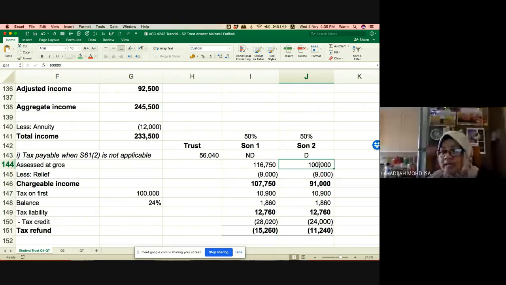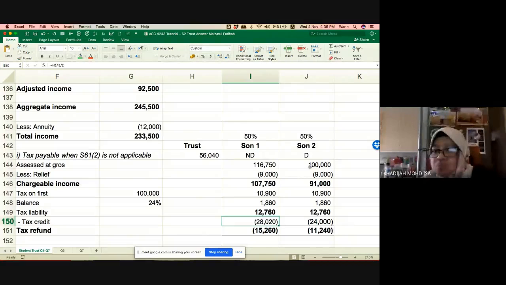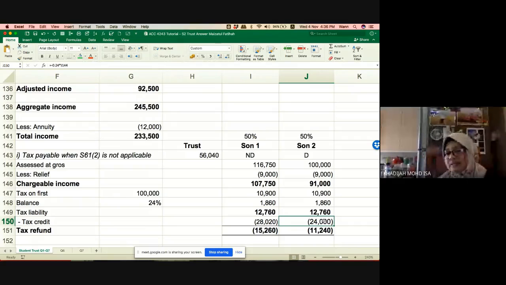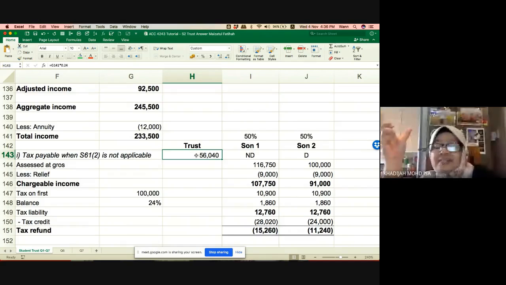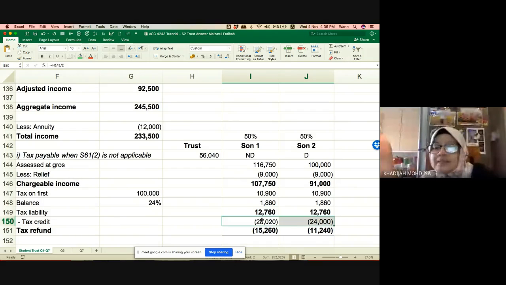But on the tax credit, son 1 will be given on the gross amount here, which is actually 28,020, but son 2, because you are assessing 100,000, the tax credit given to you is only on that 100,000. So in other words, the government benefits. Why does the government benefit? Because the government actually collected 56,000 from the trust, but the credit given to the taxpayer is only 52,000.